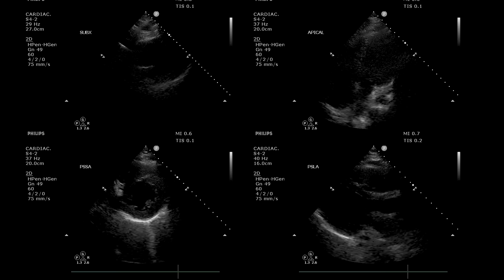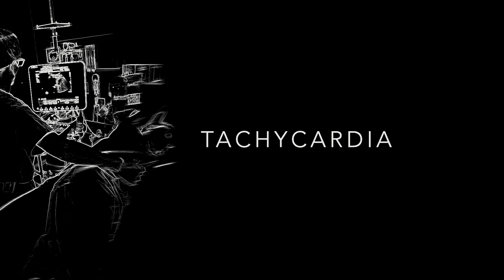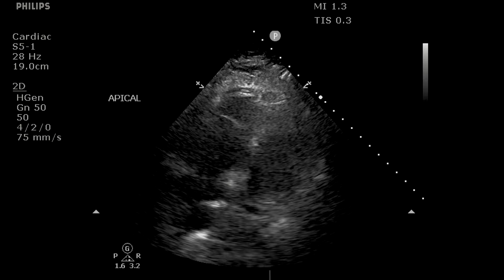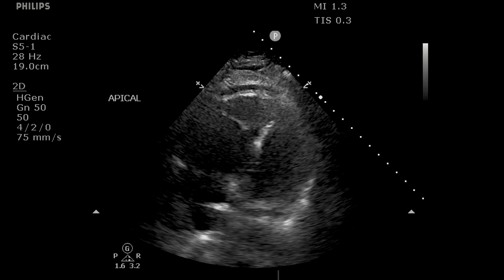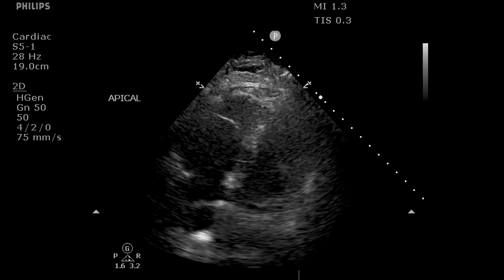So those three pitfalls said, right, we're going to move into some patient-related pitfalls where you may struggle to come up with an accurate left ventricular ejection fraction, right? And the first one, the most common one that I run into, is tachycardia, right? So if the patient is super tachycardic, it can look like the patient's hyperdynamic. And I've seen a lot of these in my QA where the report will say there was hyperdynamic left ventricular ejection fraction.